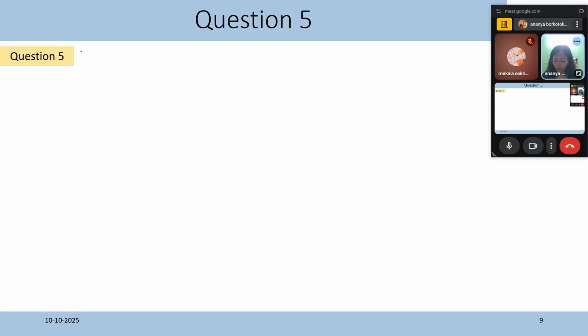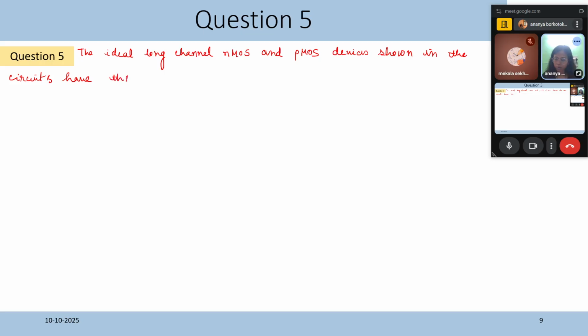So the question is: the ideal long channel NMOS and PMOS threshold voltages are 1 volt and minus 1 volt respectively.